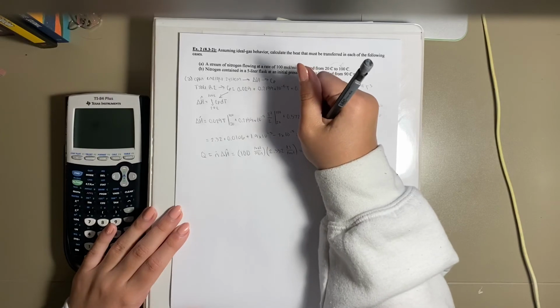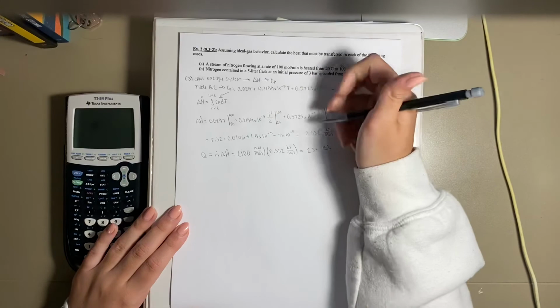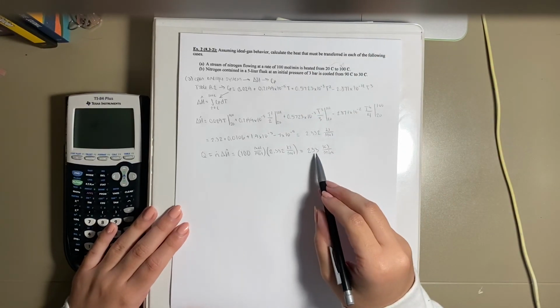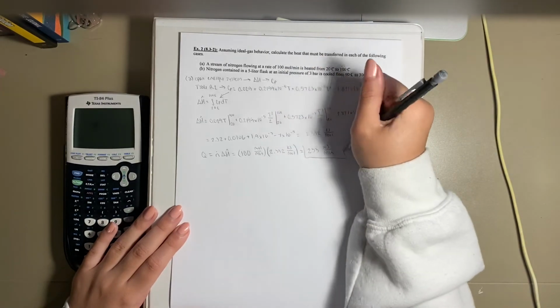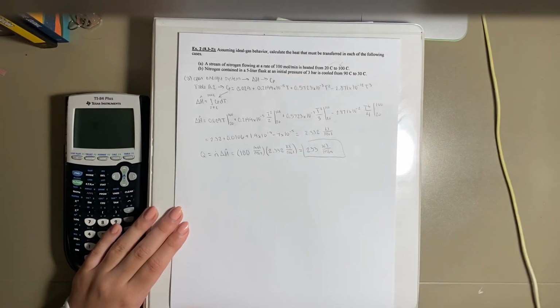So we multiply this out, and we end up getting that it's required that we have a heat input of 233 kilojoules per minute in order to heat the nitrogen from 200 degrees Celsius to 100 degrees Celsius.